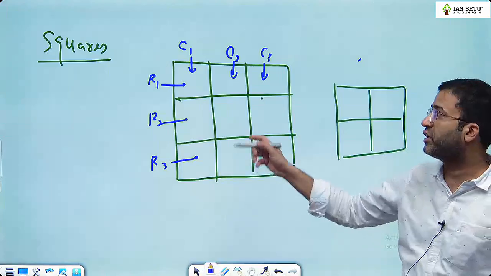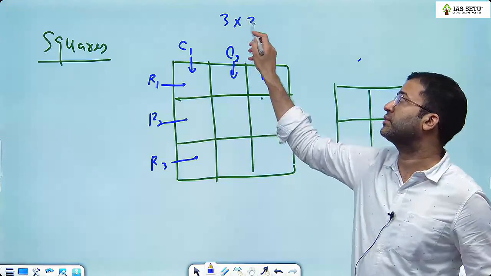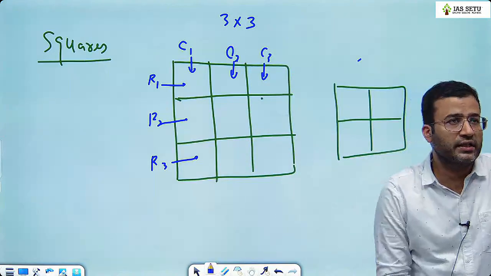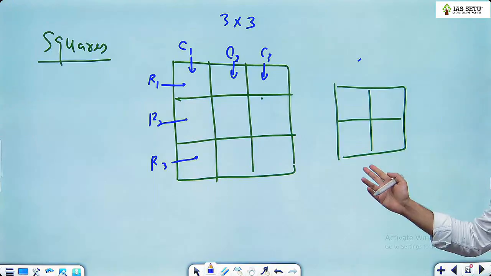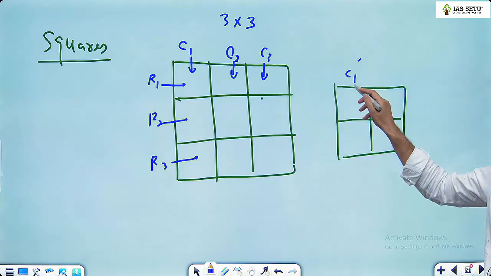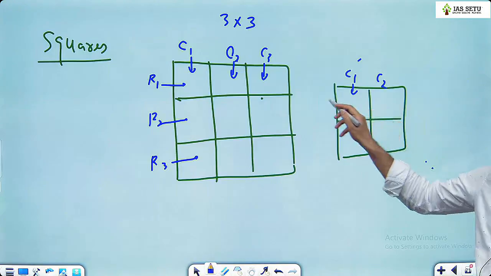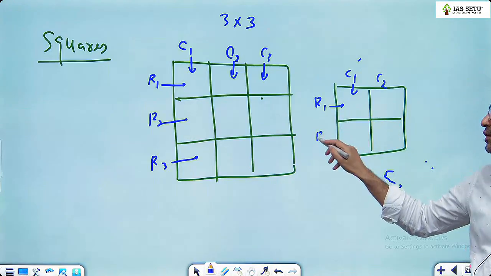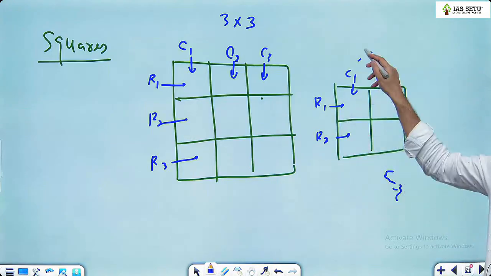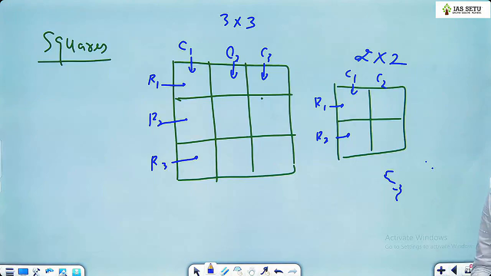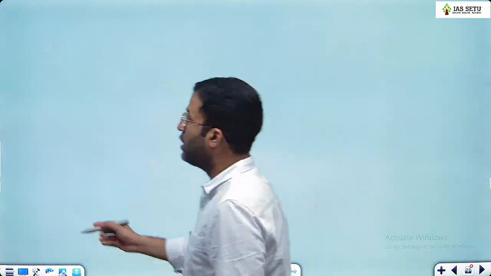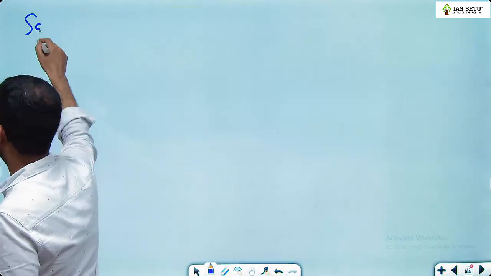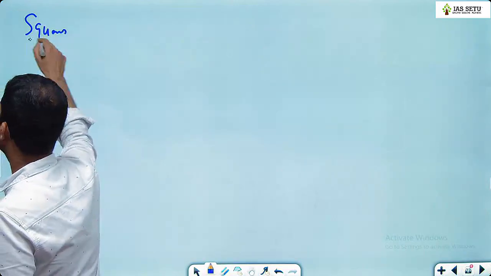So this figure is 3 by 3. We can say there are 3 column, 3 row. Here in the second figure, you can say this is column number 1, column number 2, this is row number 1, row number 2. This is 2 by 2 figure. So first what I do, under this square, I take those figure where column and rows are equal.